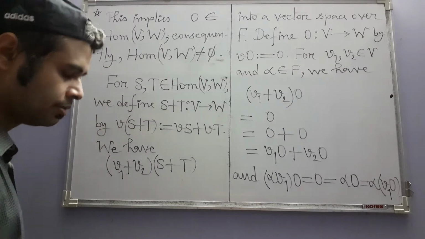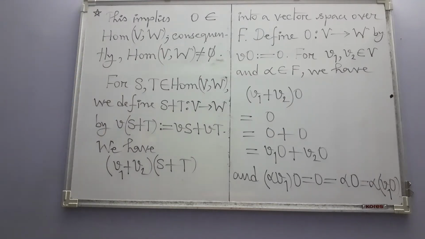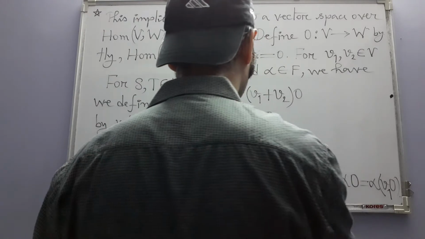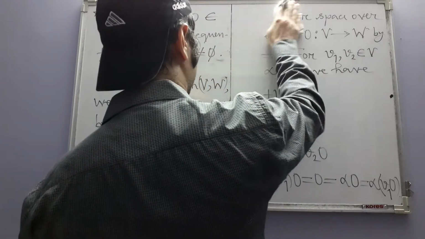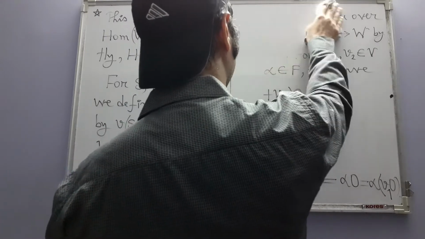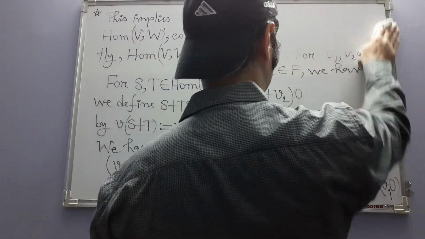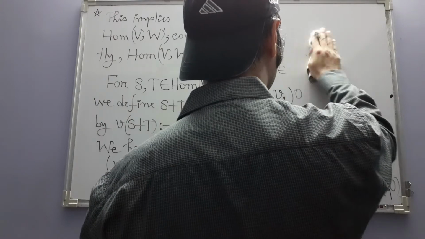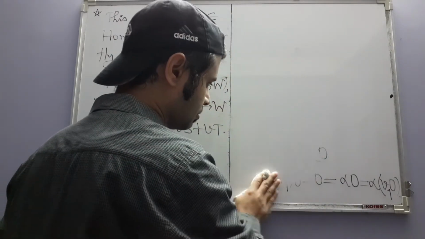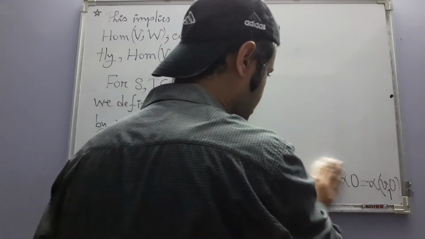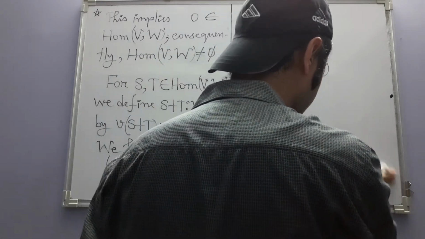And let us see now how S plus T, just like the zero function, respects addition, and then of course scalar multiplication. At each step we have to carefully observe why the step is true, I mean how it's a consequence or how it is coming from the previous step.